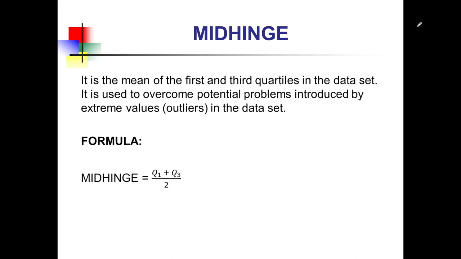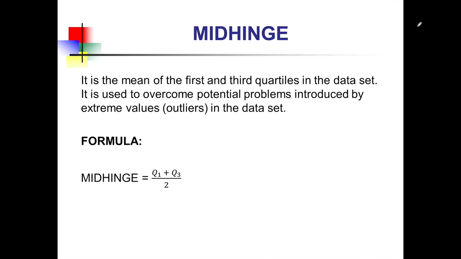We are going to have a separate discussion regarding outliers, pero in a general perspective, when we say outlier, ito yung naiiba. Ilan lang siya, konti lang sila, madalas isa, dalawa, tatlong data lang na naiiba sa karamihan.